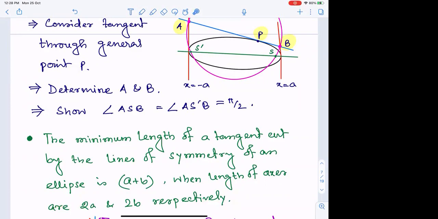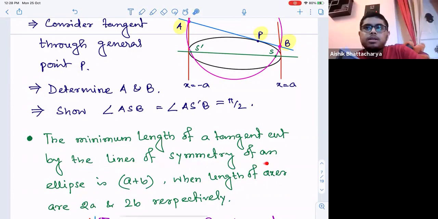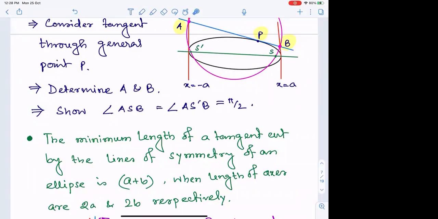Now, this is a very general description. Do we know who the lines of symmetry of an ellipse are? The axes, meaning the major axis and the minor axis. Over here it has not been directly said major axis and minor axis; the alternate description is the lines of symmetry of the ellipse.